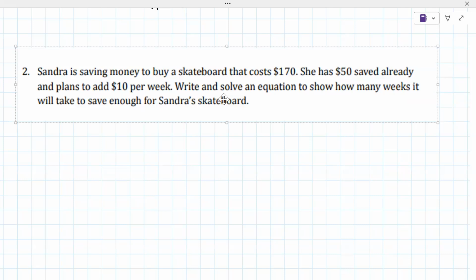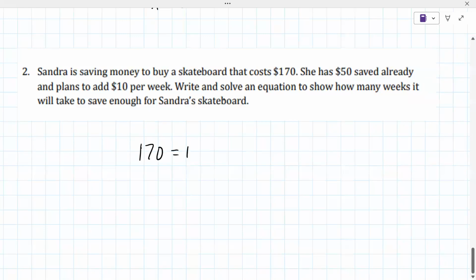So 170 equals 10x plus 50. X equals 12. All right, very good.